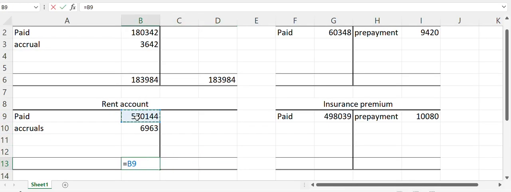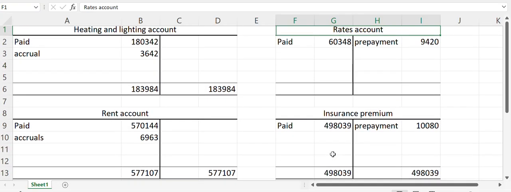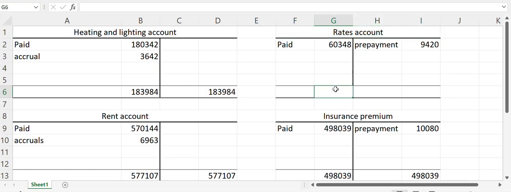Which is the bigger value? This one, yes. Here, this is the bigger value.